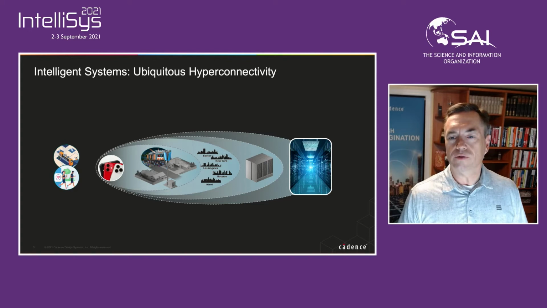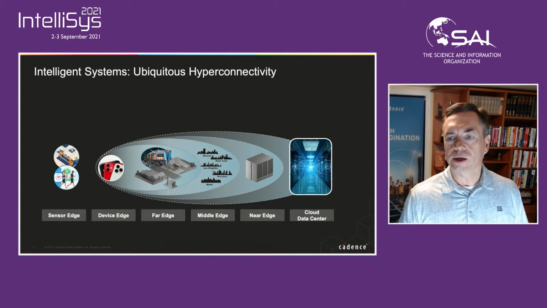So you really have this hyperconnectivity across that, and the circles imply the different areas of compute. So you have discussed during the conference already yesterday and will in the final sessions the whole notion of edge computing, where edge is always measured as distant from the data center.